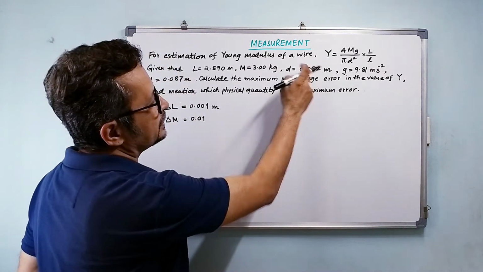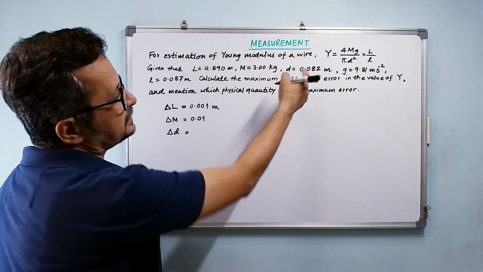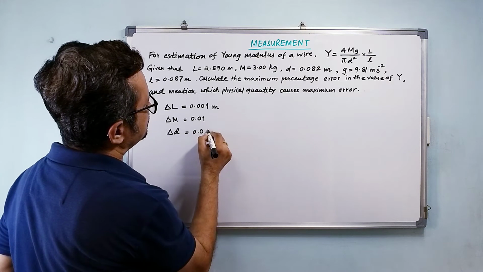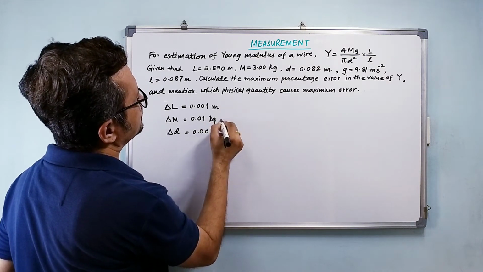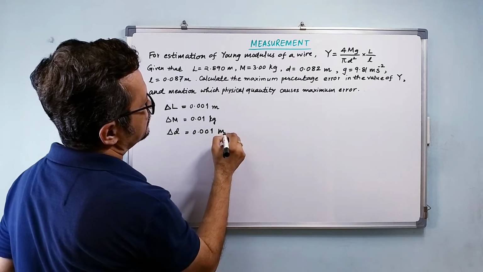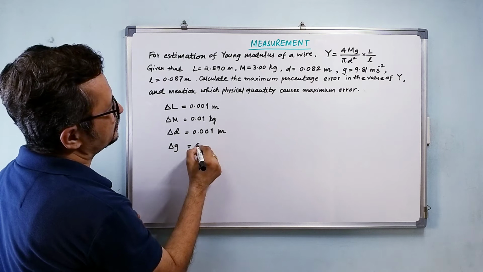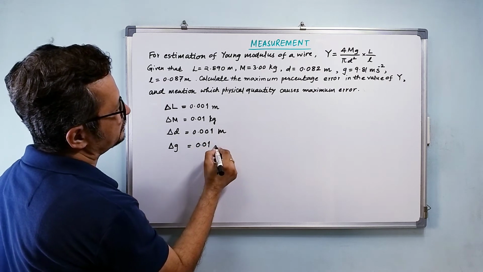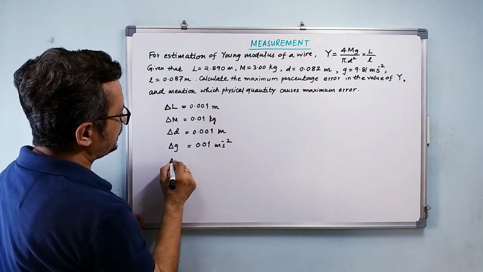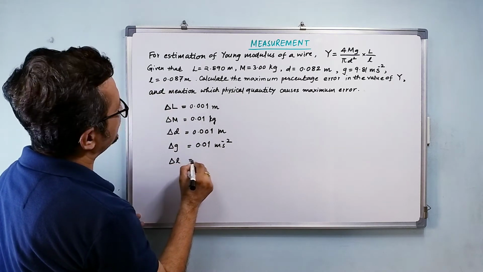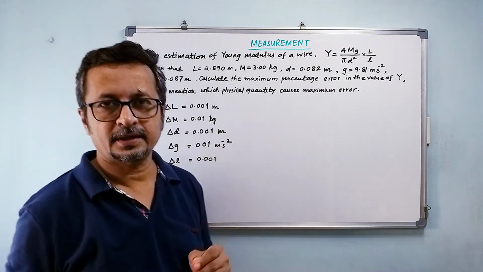Now here my delta D is again 0.001 meter. My delta g is 0.01 meter per second square, and delta small l is 0.001, correct.